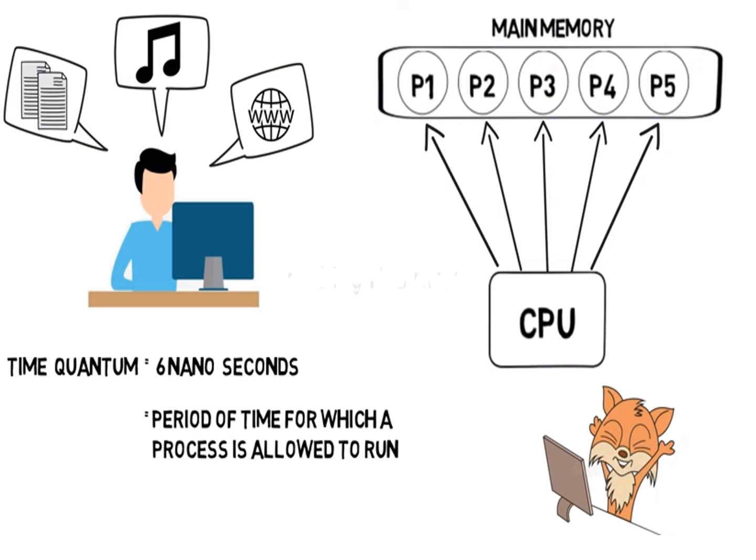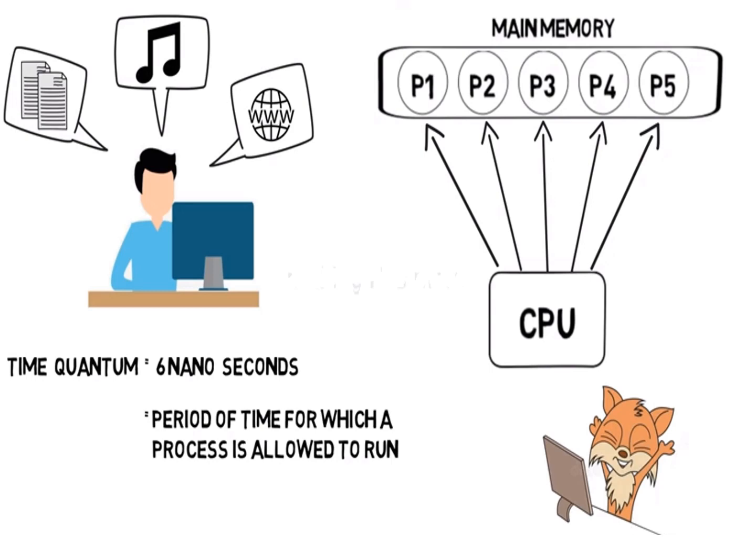The time quantum is 6 nanoseconds. For the first 6 nanoseconds P1 will run, then P2 for the next 6 nanoseconds, then P3, P4 and P5. The period of time for which a process is allowed to run is called the time quantum.